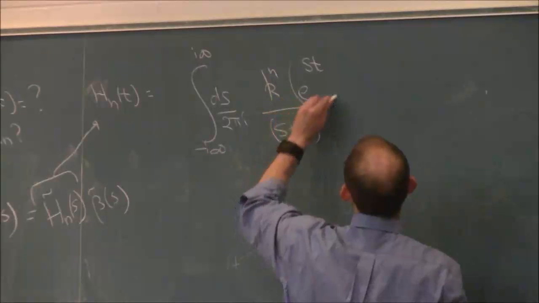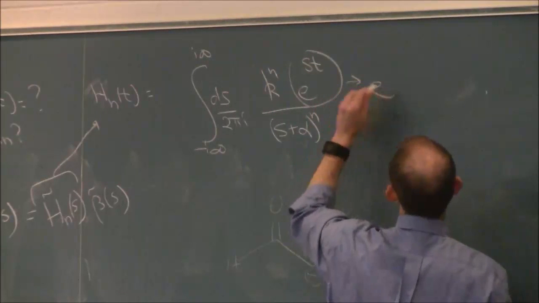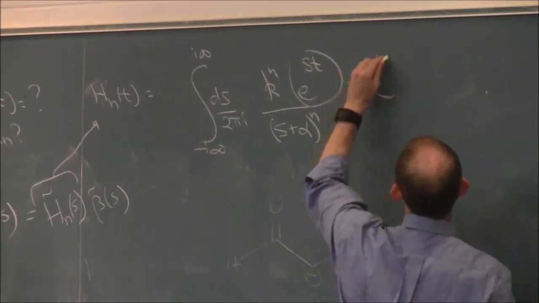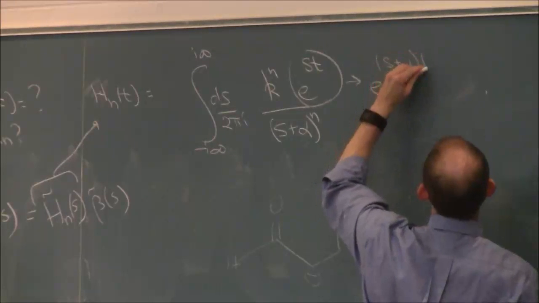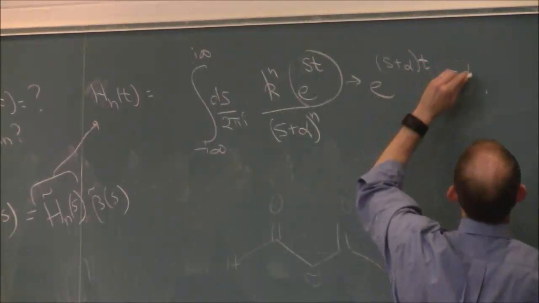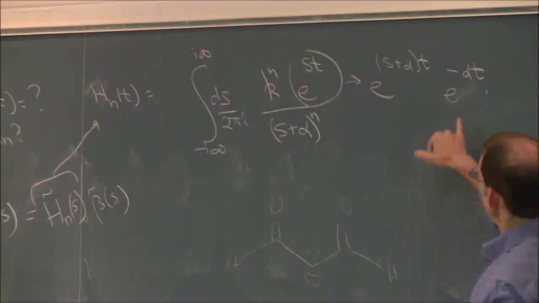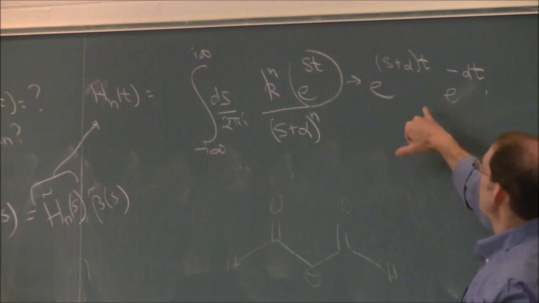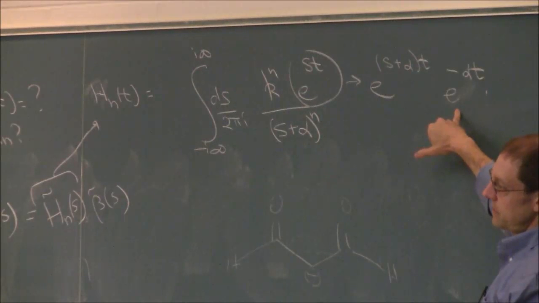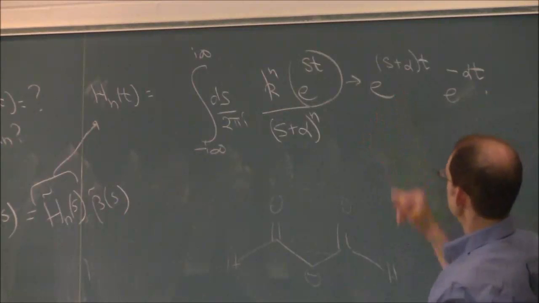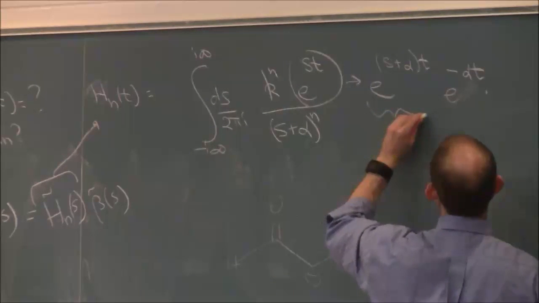So we can write e to the st as e to the s plus alpha times t, times e to the minus alpha t. So we're multiplying by 1 in the form of e to the alpha t times e to the minus alpha t. But writing it this way lets us do a power series expansion.